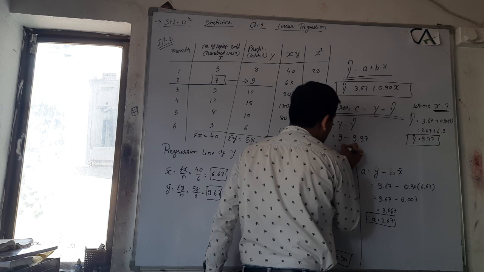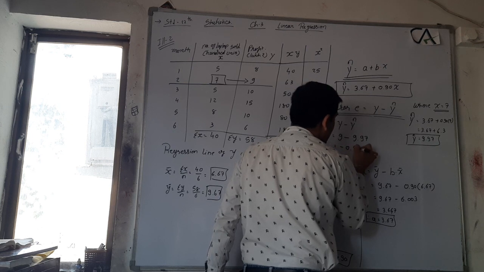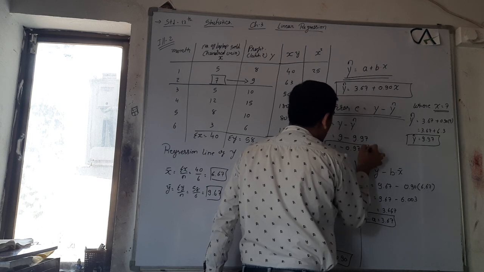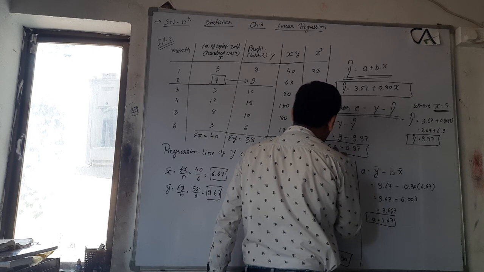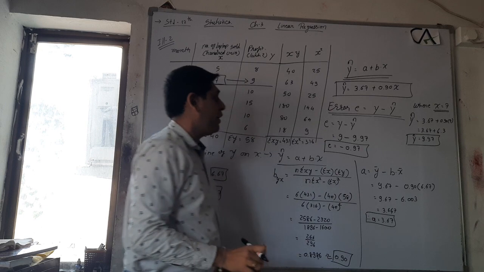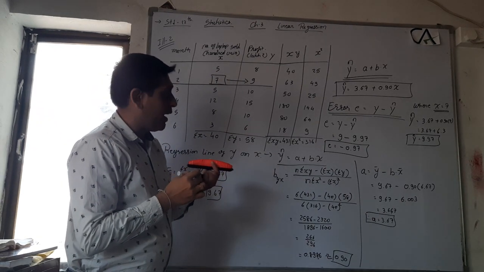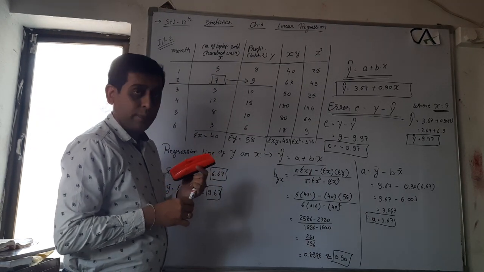So the error is minus 0.97. Find out the error. What is the question? Find out the error. Here we find out the error. Error is equal to minus 0.97.